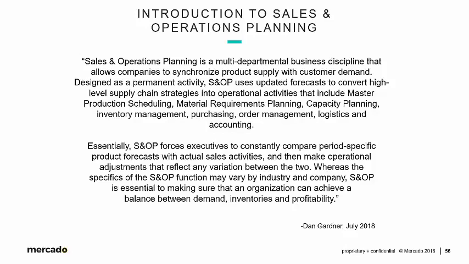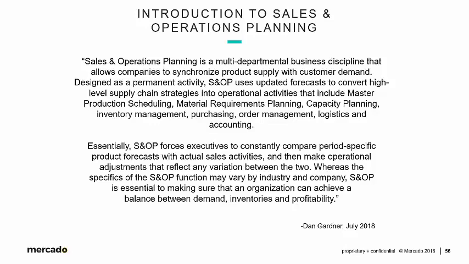Hopefully that all sounds very familiar because it's basically a definition of supply chain management. Designed as a permanent, ongoing activity, S&OP uses updated forecasts to convert high-level supply chain strategies into operational activities that include master production scheduling, MRP, capacity planning, inventory management, purchasing order management, logistics, and accounting.